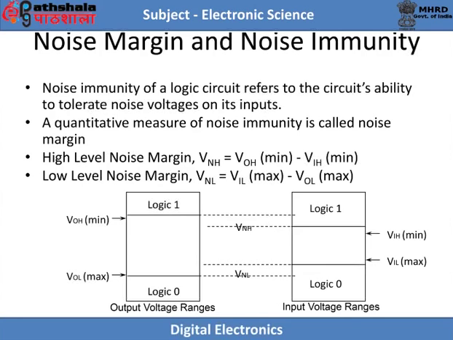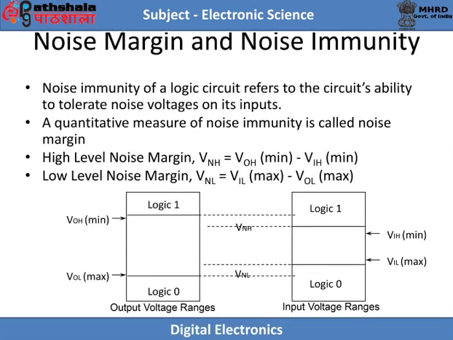As we can see from the two diagrams, there is a disallowed range of output voltage levels from VOL max to VOH min and an intermediate range of input voltage levels from VIL max to VIH min.